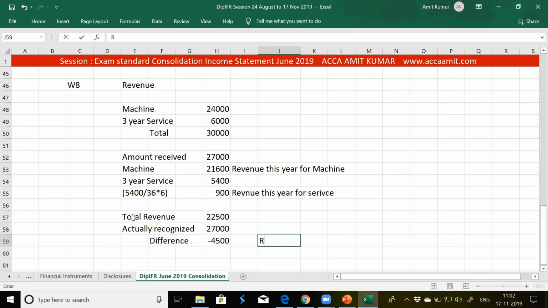This will be a reversal of revenue. Adjustment required in revenue. Is this clear? Hope this is clear with everyone.